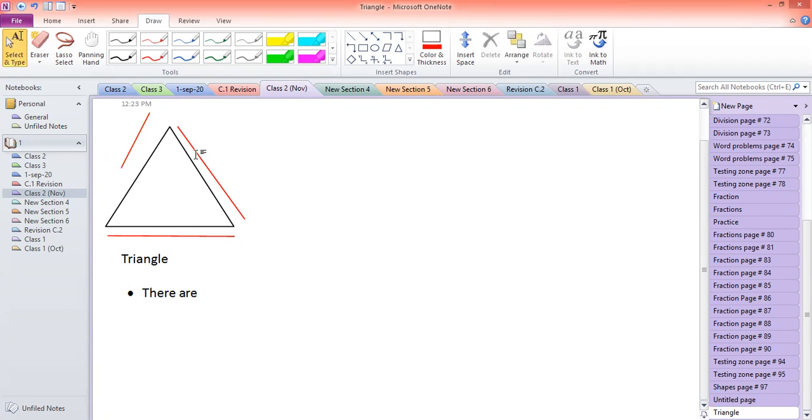So this is 1, 2, and 3. There are 3 sides of a triangle.